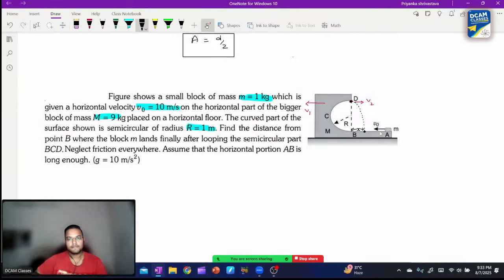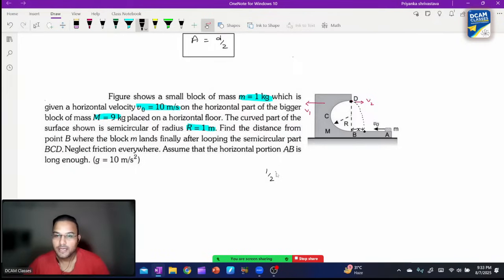Yes, and in that case, half m v naught square will be equal to half capital M v1 square plus small m g into 2r plus half into small m into v2 square.